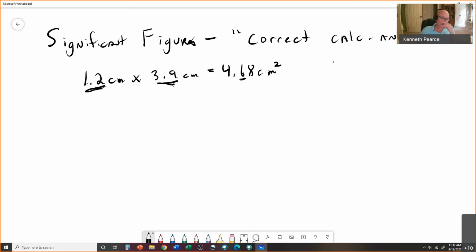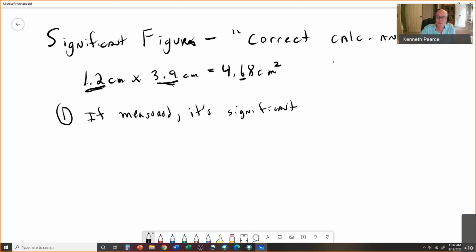So the first rule of significant figures is that before we even put the numbers in our calculator, we have to decide what's significant with the numbers that we're putting in. So rule number 1: if it's measured, it's significant, no matter what it is.